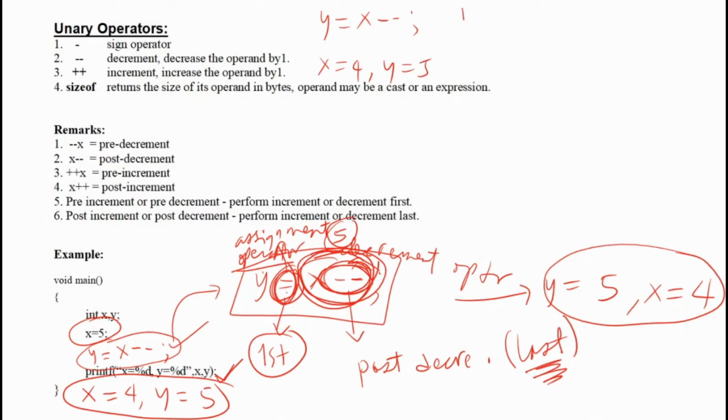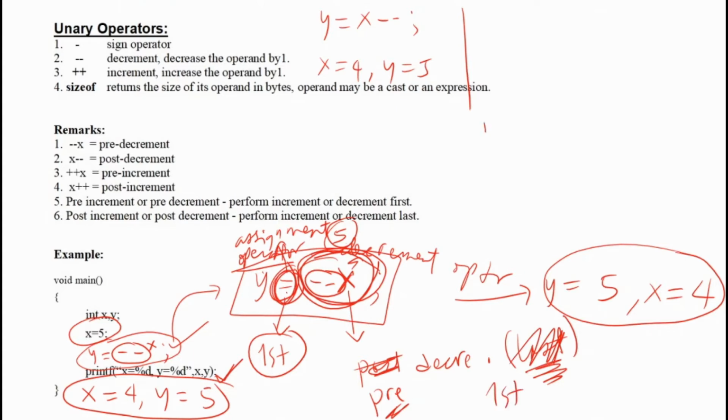Now what if we change this one to pre-decrement? So instead of x minus minus, this would be minus minus x. So it is now pre instead of post. Now in this case, we are using the pre-decrement. When it is pre, it will be performed first. When it is pre-decrement, you are going to perform it not last but first.